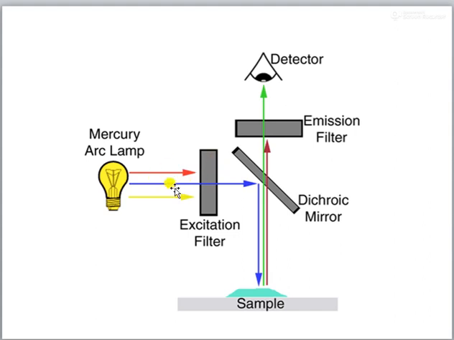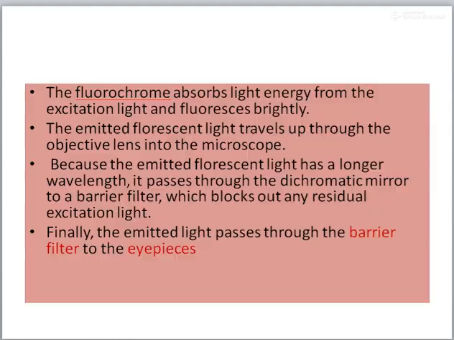So you have an excitation filter which blocks the longer wavelength light, and only the shorter wavelength light falls on the specimen, which absorbs it, and in response the sample emits a longer wavelength light which passes through the dichromatic mirror. You also have a barrier filter, or the emission filter, and finally it is viewed by your eyes.